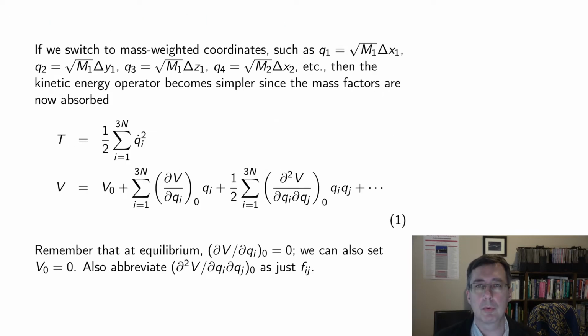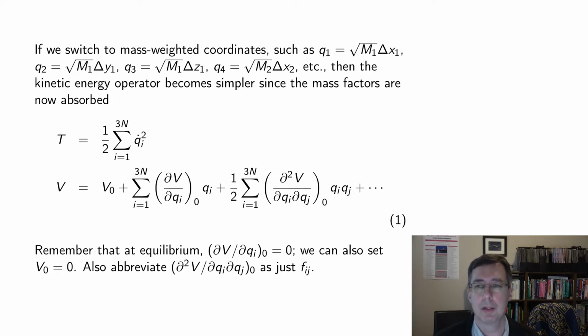Now, a lot of times what people do is switch to what's called mass-weighted coordinates. This isn't necessary, but it's something that pretty much all derivations do, just because it keeps the math a little bit cleaner. So what we do is we define a new set of mass-weighted coordinates, which we call Q, and we just multiply each of my delta displacement coordinates by the square root of the mass of that atom.